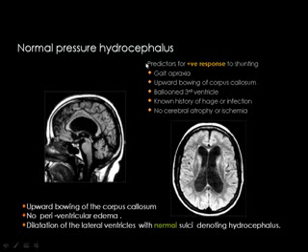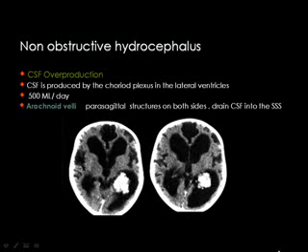These are the predictors for positive response to shunting: the presence of gait disturbances, upward bowing of the corpus callosum, which is seen in the MRI sagittal view, the ballooning of the third ventricle, a previous history of hemorrhage or infection which has affected the subarachnoid space, and the absence of cerebral atrophy or ischemia. These criteria will help the good results of the shunt tube.